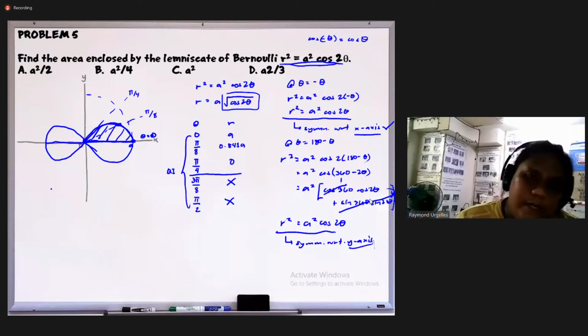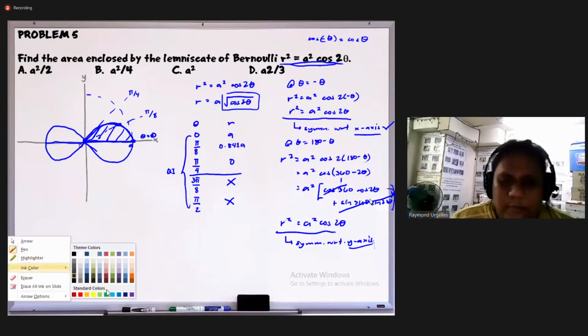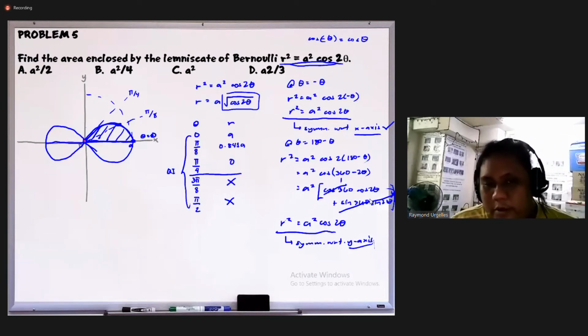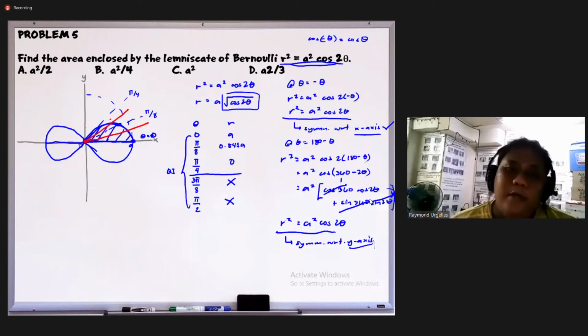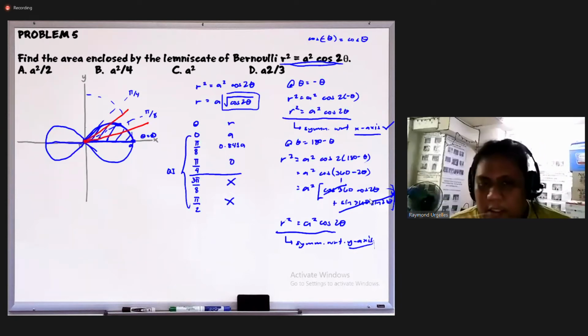So again, when it comes to polar curves, start at the origin, then draw a line going outward. Let's say we have this line and this line. We can see that in this figure, this is bounded outside by the lemniscate. So this is the outside boundary.